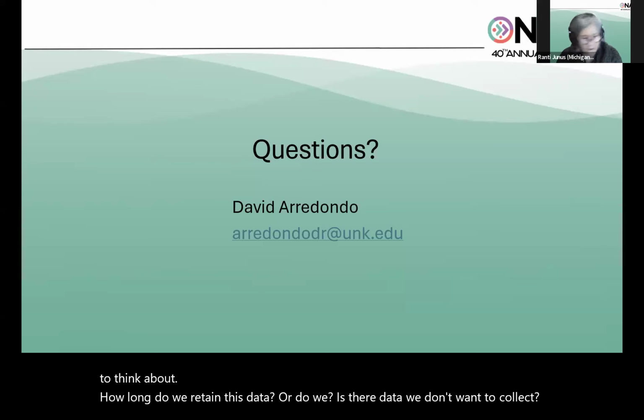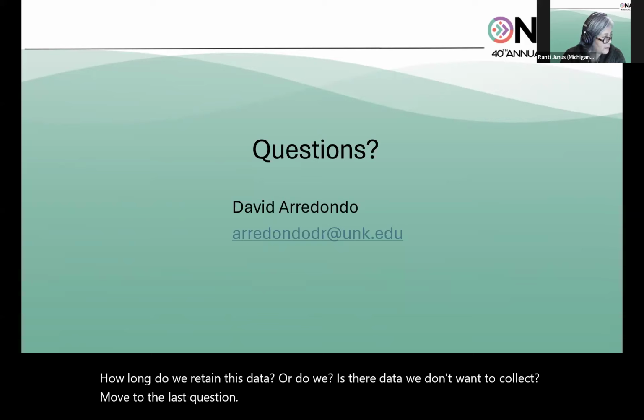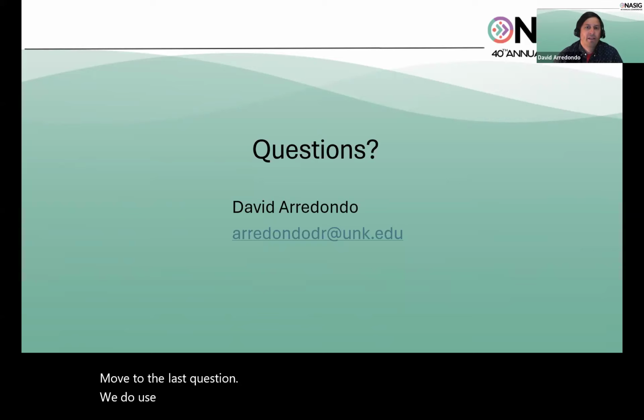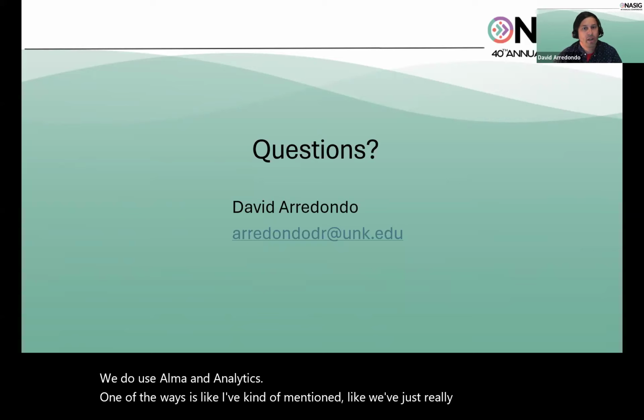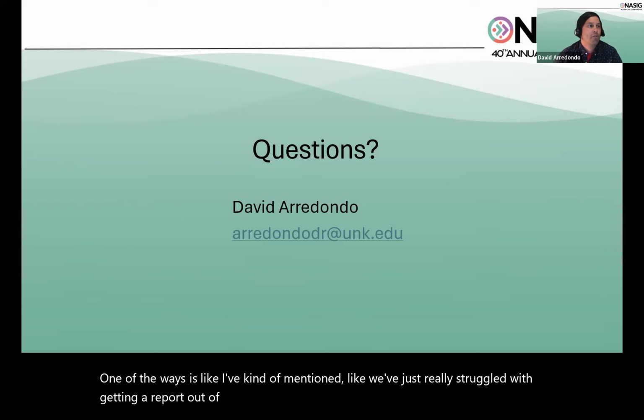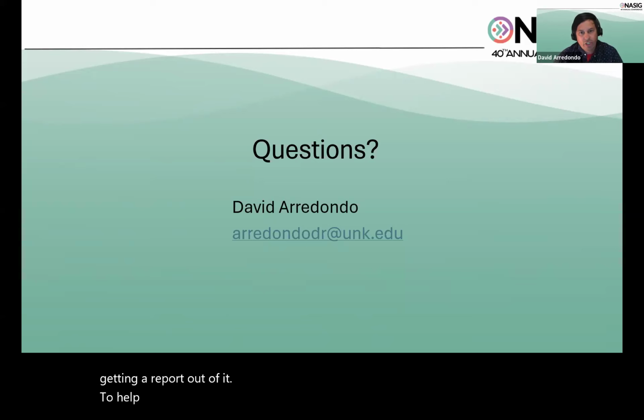I think this is going to be the last question. Does your library use Alma, and how is Alma Analytics insufficient for your needs? We do use Alma and Analytics. One of the ways is, like I've mentioned, we've really struggled with getting a report out of it to help with reconciliation, especially reconciliation that our business officer can use.